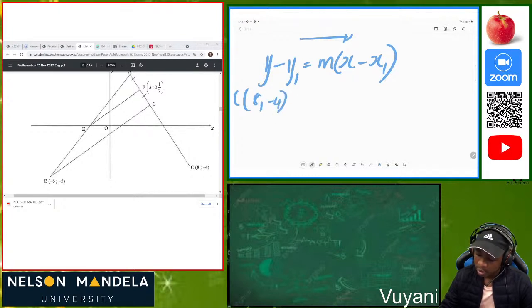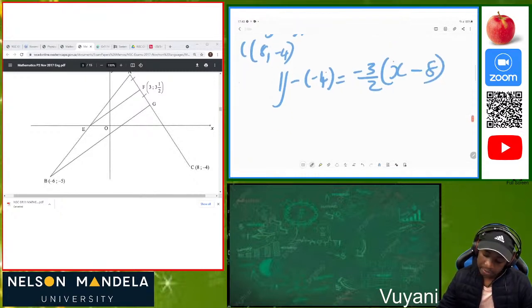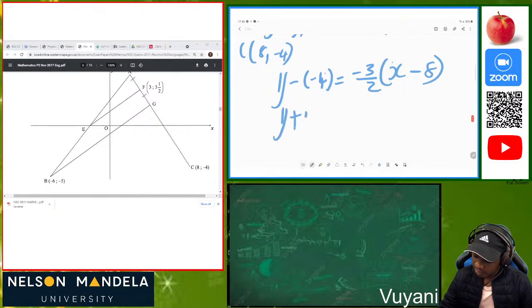So we're going to have y minus negative 4 equal to, what is our gradient? Our gradient is negative 3 over 2, then x minus x1, and our x1 is 8.